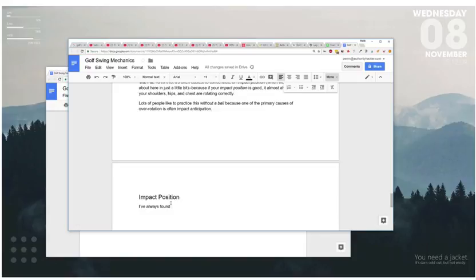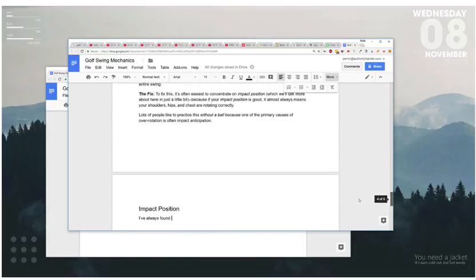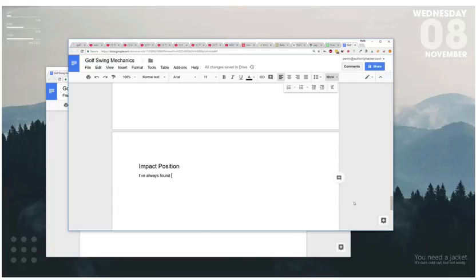So while a lot of this stuff I did not know before researching for this article, I have worked on impact position in an actual golf situation, with the help of some experienced golfers, not like a coach or anything, but my friends who are really good at golf and who have played on golf teams and that sort of thing. So this is from my personal experience, and I'm making sure, because I have that experience, to add it in here.